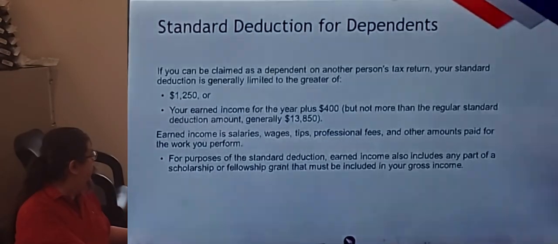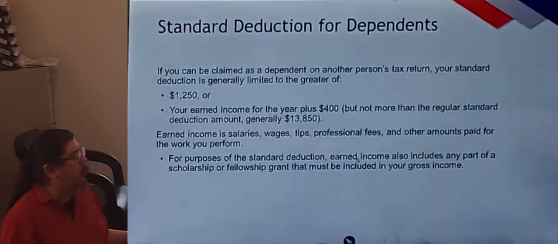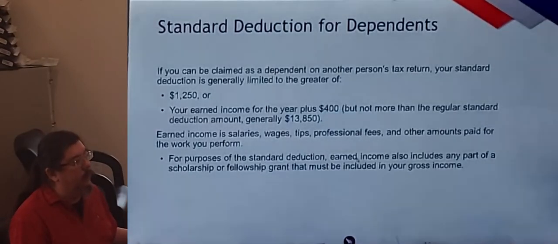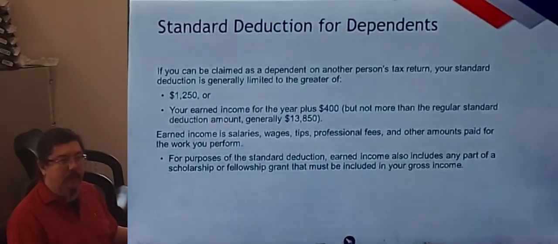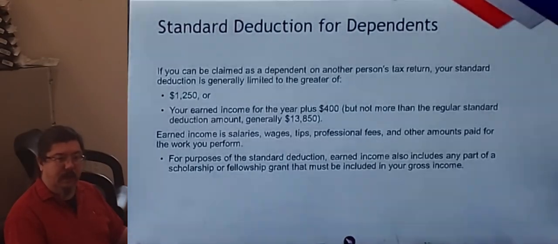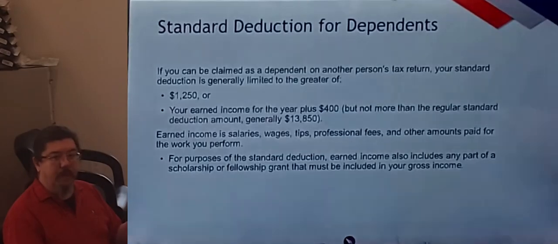When we talk about education credits, we'll find out that we can adjust someone's income, the taxable part of their scholarships, in order to maximize the American Opportunity Credit for whoever's claiming them as a dependent. To do that, we have to treat some of their scholarships as taxable income. For purposes of the standard deduction only, that income is considered earned income.